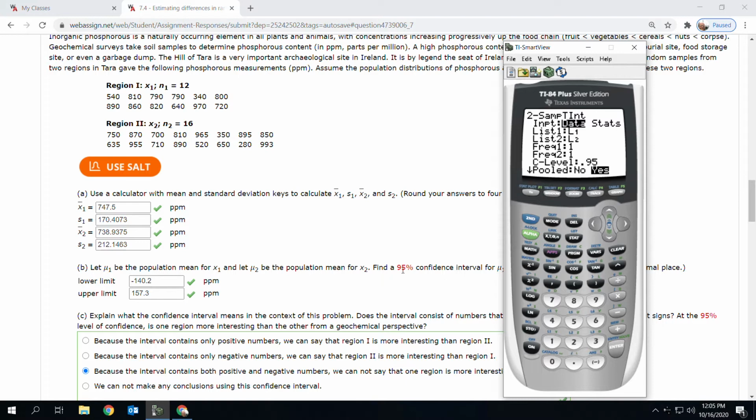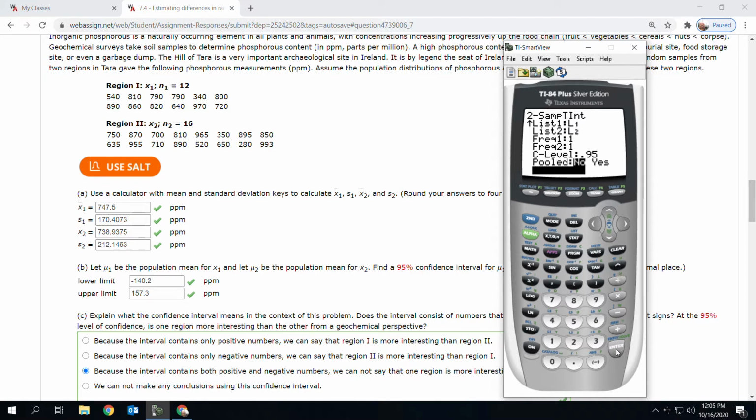Confidence level is 95%, and that's on part B in red. We're going to leave it 0.95. As far as pooled goes, unless you're specifically told to pool your data, I would leave that on no. If you read anywhere through a problem that it says pool, that your standard deviations are equal, or it tells you to pool your variances, then switch it to yes.